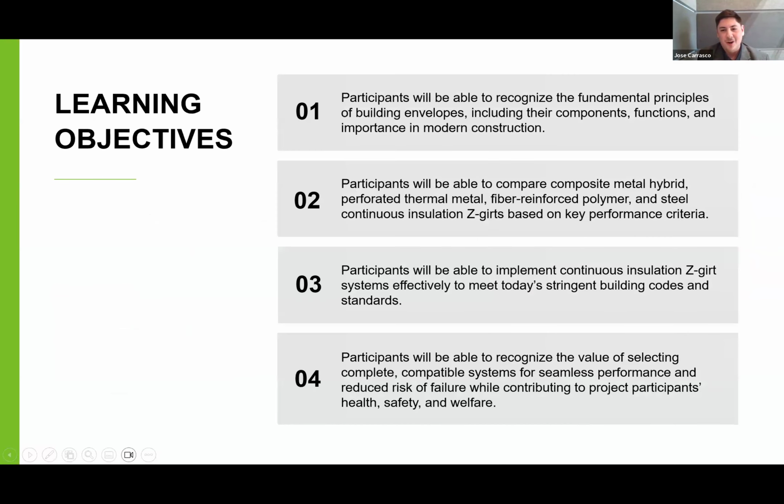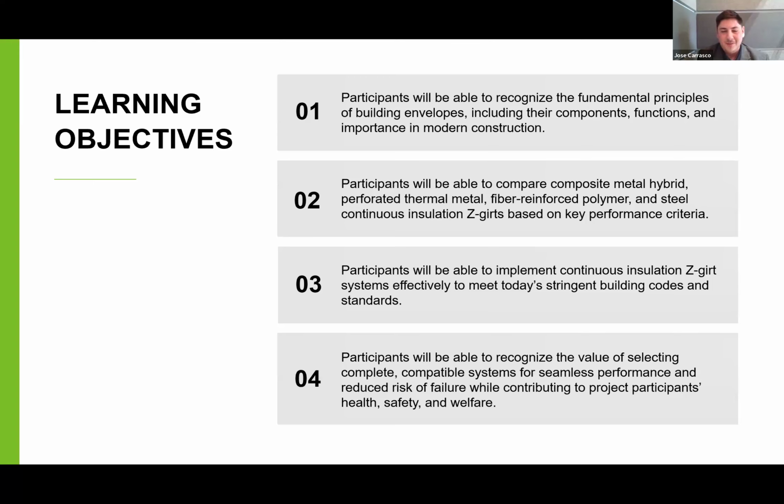So today we'll start off with some fundamental principles of building envelopes. We'll start with some definitions and give you a better sense of how different materials work together to form a building envelope.